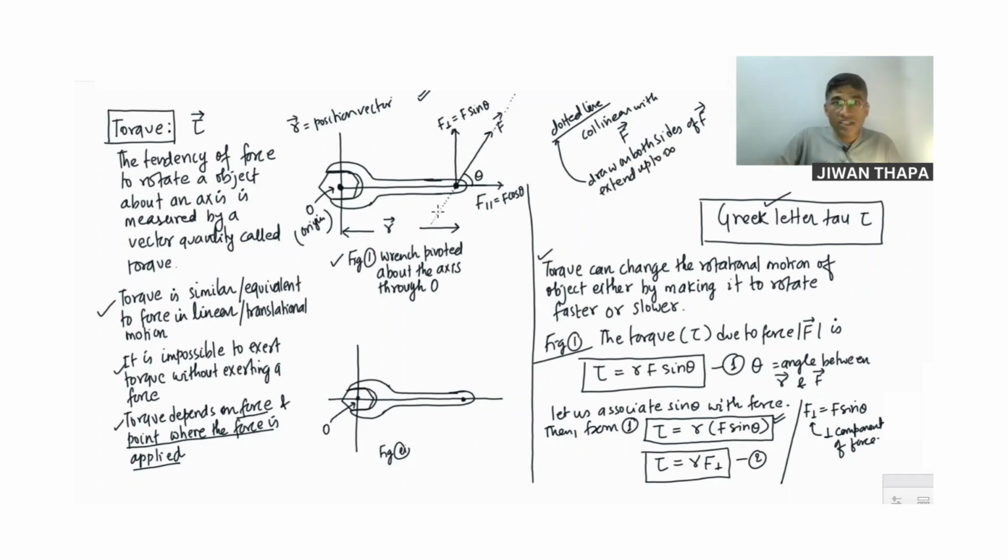So these lines are called line of action of force. Clear? And so let me write, this is called line of action of force.